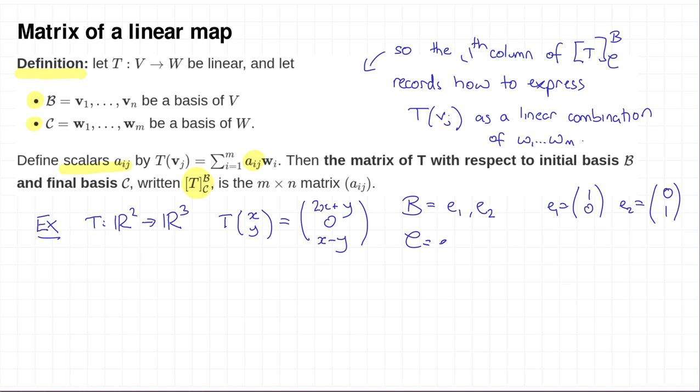So to avoid confusion, I'll call these basis elements E1 prime, E2 prime, and E3 prime, because otherwise I have two different things both called E1. But I still mean the standard basis. So E1 prime is (1, 0, 0), E2 prime is (0, 1, 0), and E3 prime is (0, 0, 1).